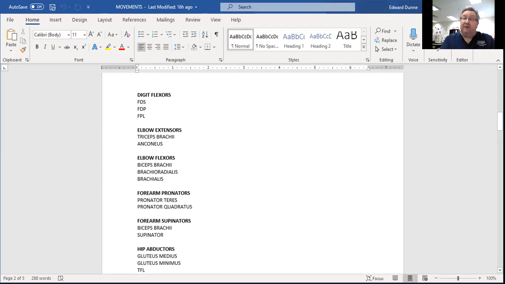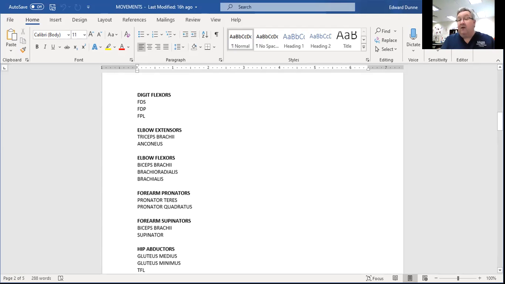The second flexor of the digit is Flexor Digitorum Profundus. Profundus does go to the DIP. So it is Flexor Digitorum Profundus, the FDP, that flexes the small joint at the end of the index finger, digit number 3, digit number 4, and digit number 5.